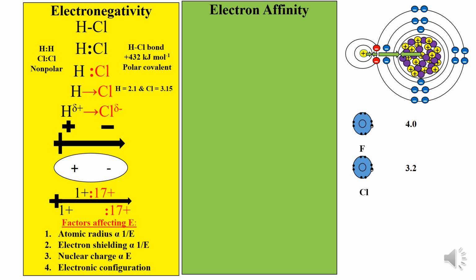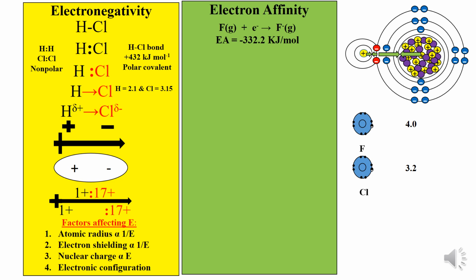And moving on to electron affinity. What is electron affinity? Electron affinity is the energy change that occurs when an atom in the gas phase accepts an electron to form a negative ion. And the electron affinity of fluorine is minus 332.2 kilojoules per mole. So energy is released.